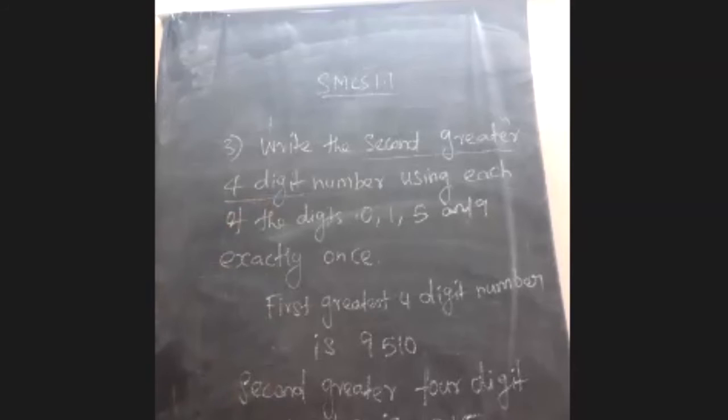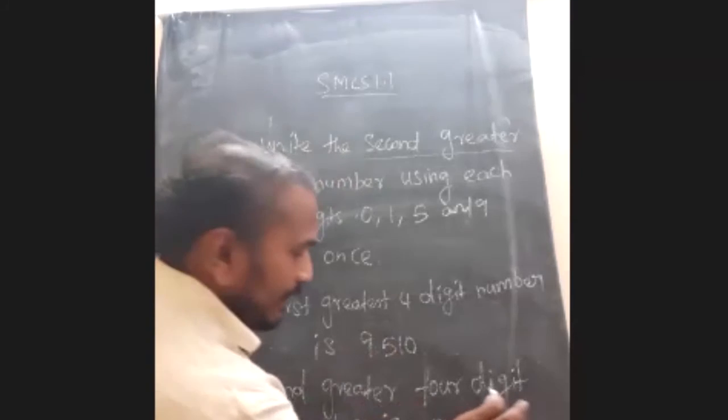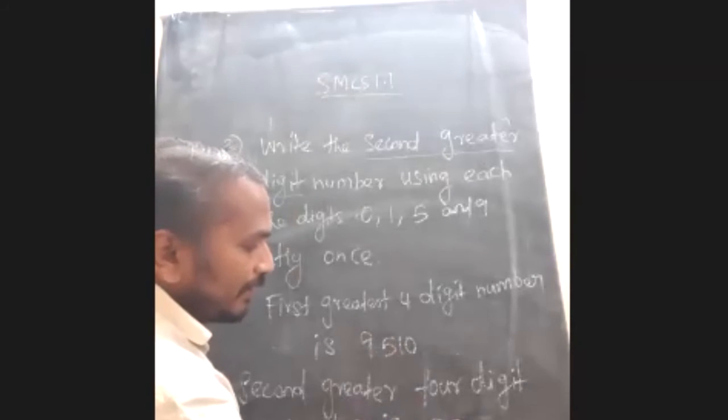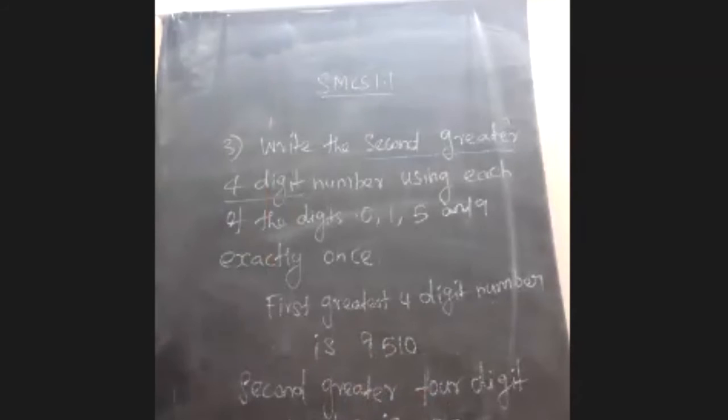Actually, one boy replied the answer is 9510. Actually, they're asking for the second greater 4-digit number. This is the first greater 4-digit number. So the second greater 4-digit number is, sorry, this is 9501. I'm sorry. 9501 is the right answer.